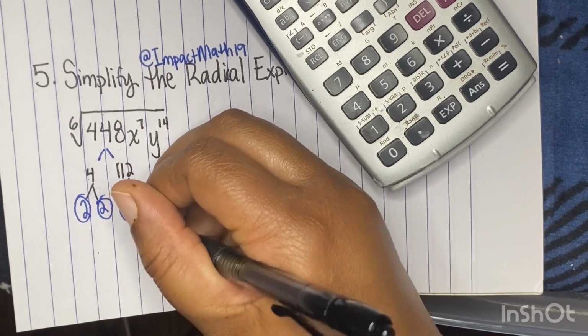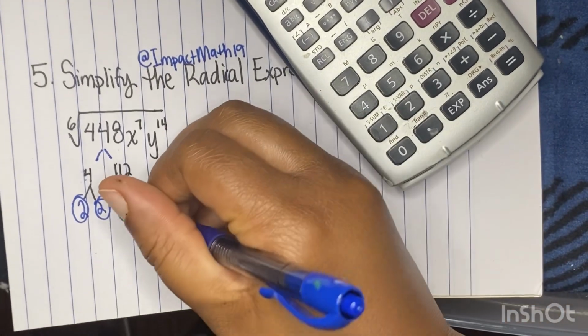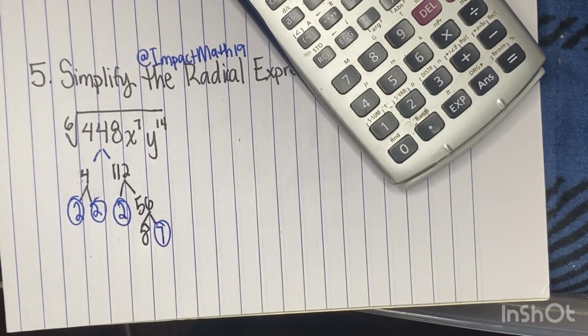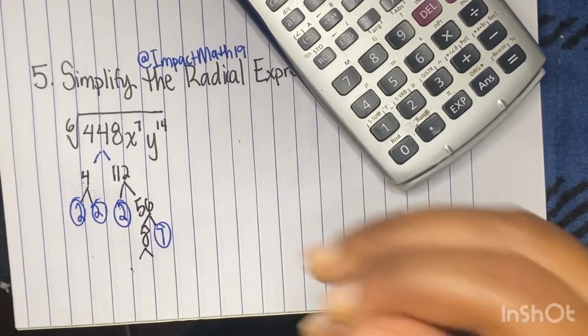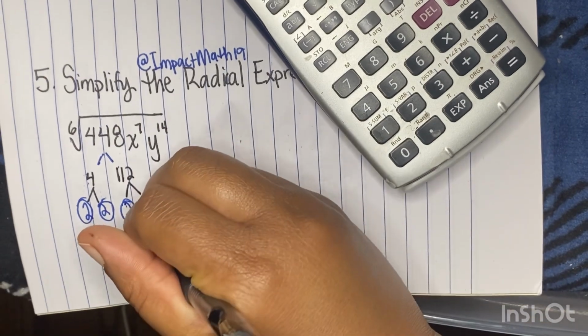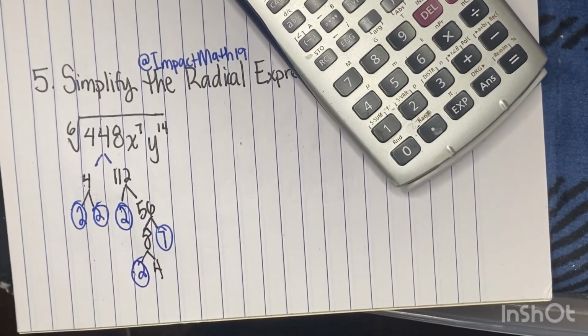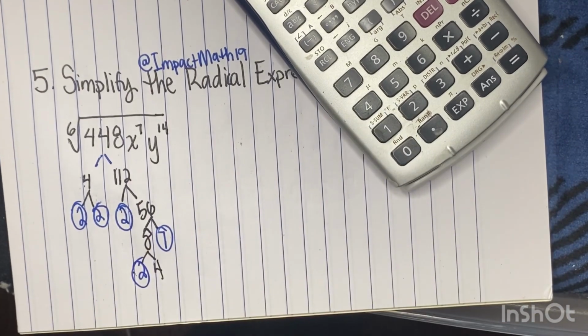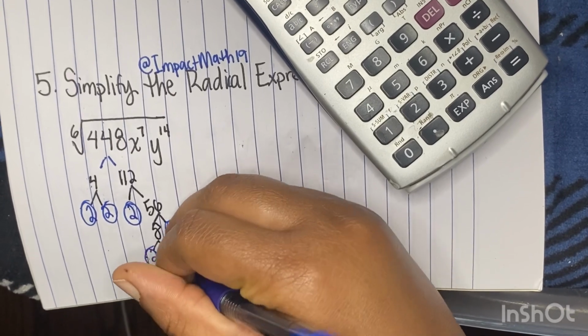Well, that's 8 times 7. And so we could circle 7 because that's a prime. And then what times what gives us 8? 2 times 4. So we'll write the 4 here, and we'll write the 2 here. And then what times what gives us 4 is going to be 2 times 2. So we have a 2 and we have a 2 here.